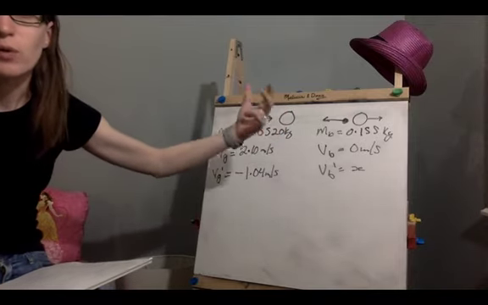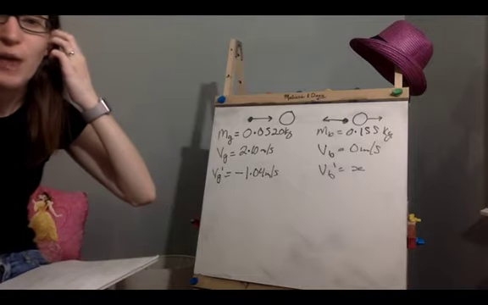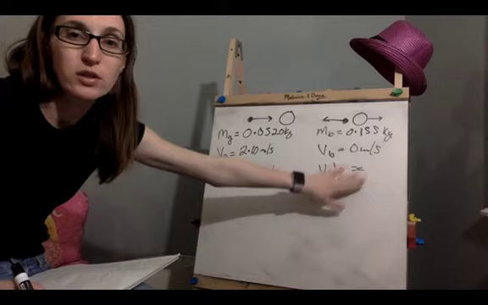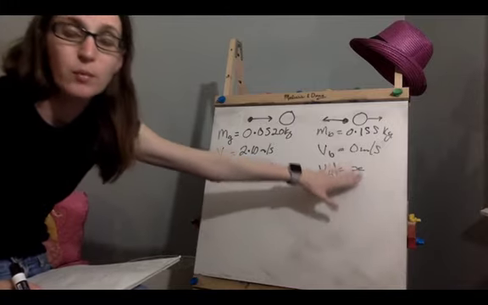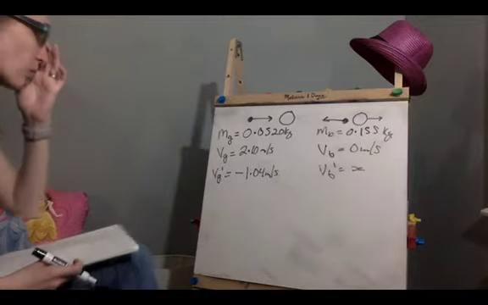But the question becomes, we need to figure out what kinetic energy is lost, so we need to figure out that value afterwards, and I can't do that here. So this is where I need to use my conservation of momentum to figure out this value, and then I can go into the kinetic energy problem, okay?